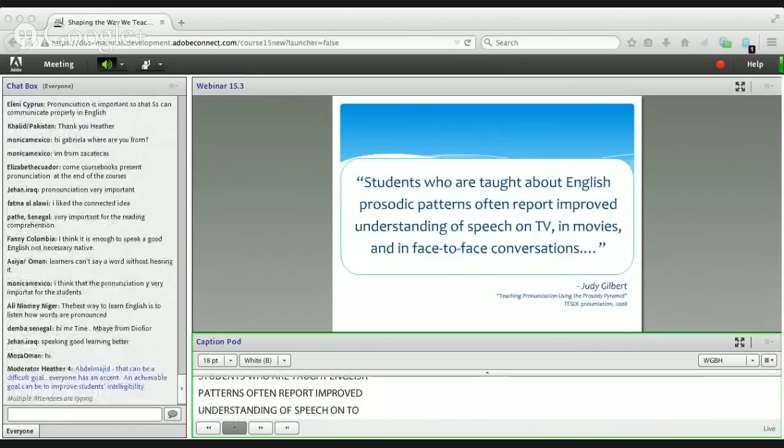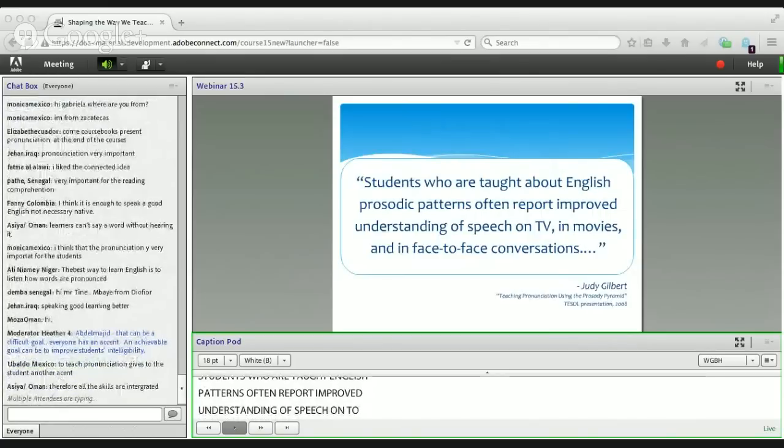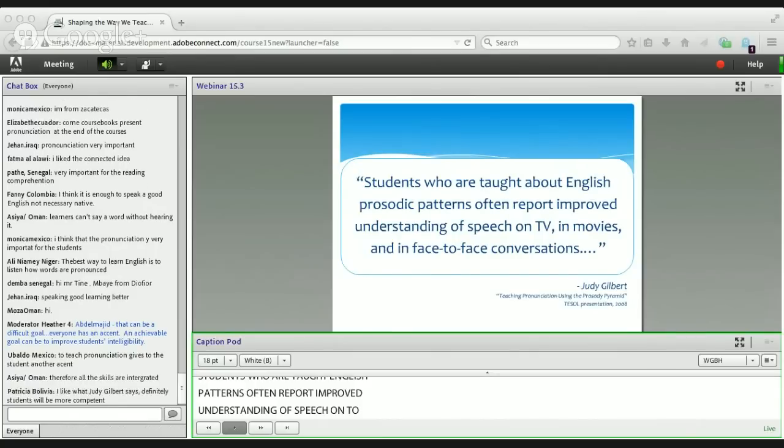Prosodic patterns mean things like word stress and sentence stress. I'll be talking more about those in a few moments. But the point is that students who are taught about pronunciation patterns have better listening comprehension.